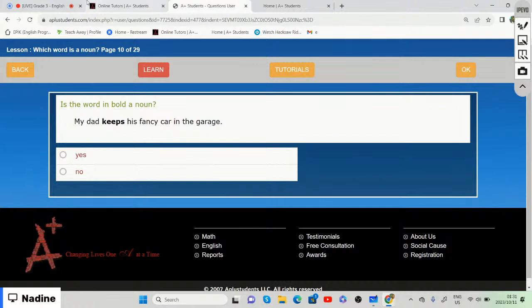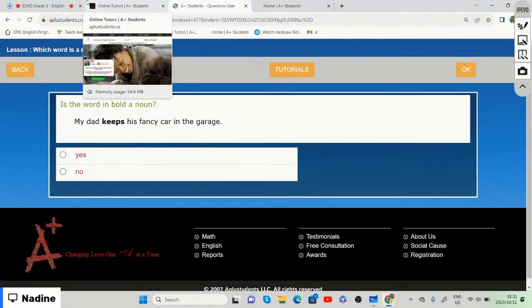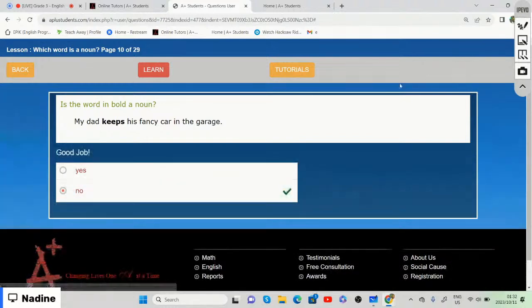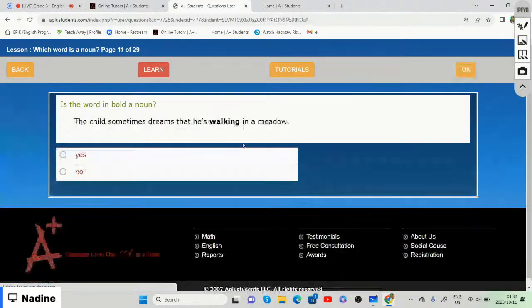Yes or no? All right, so keeps, we will say no, it is not a noun.